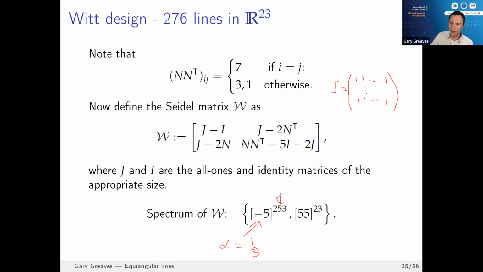And this thing is n minus d. We know n is the size of this matrix, which is 23 plus 253. So that's 276. And so therefore, d must be equal to 23. In the case of 2 eigenvalues, you can read off d as the other eigenvalue.